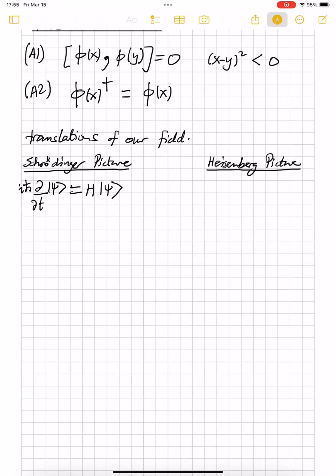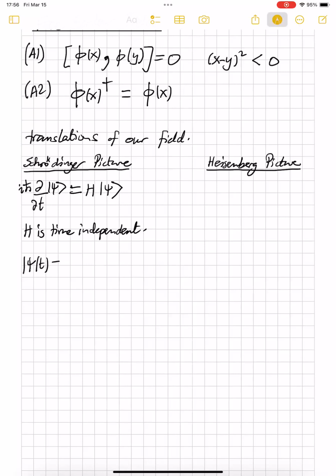So this tells us the dynamics of the system. Let's make a simplifying assumption that the Hamiltonian is time independent. Now, if the Hamiltonian is time independent, then I'm sure you know the solution. So let me just write it down.